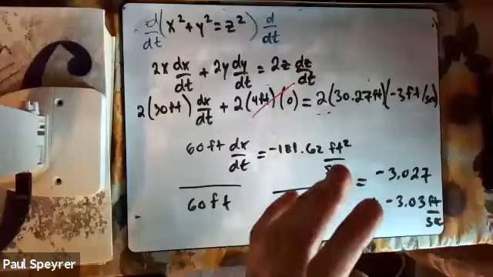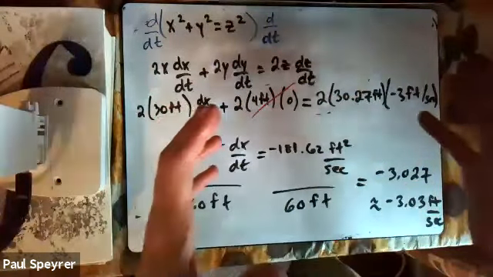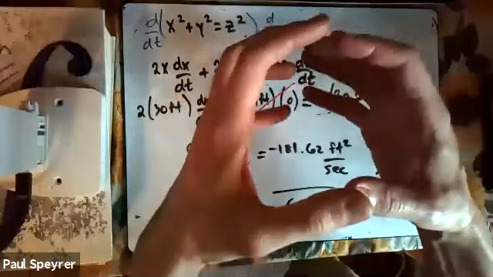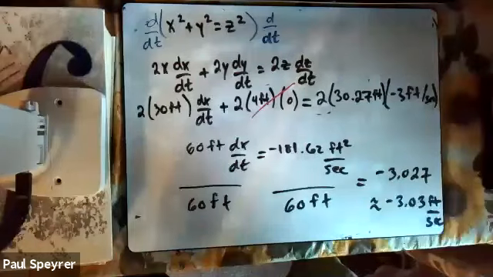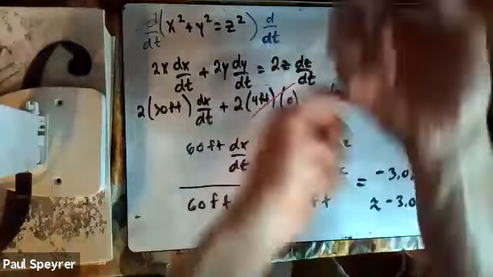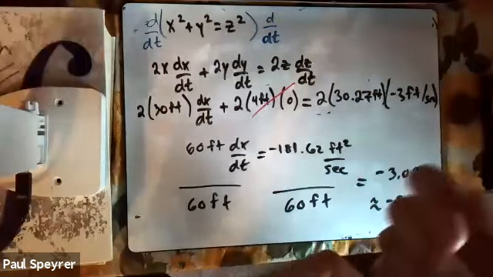Now remember, if something is going away from you or expanding, that rate of change would be a positive number. But if it's decreasing, or coming towards you, like with the baseball where you were running back towards the base, or in this case, we were pulling the rope towards us, that rate of change would be negative.